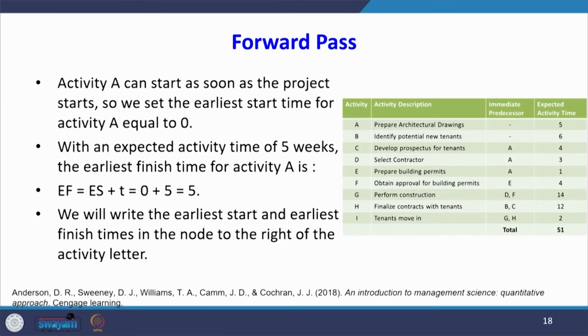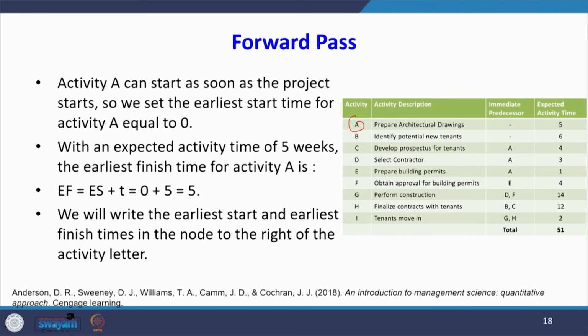Now, I am going to explain what this forward pass is. When you look at activity A, the expected activity time is 5 weeks. The activity A can start as soon as the project starts.